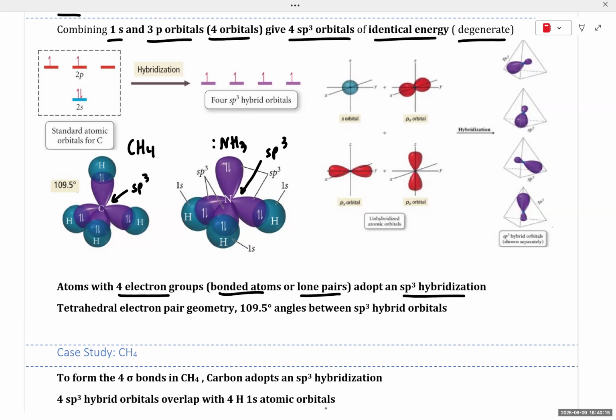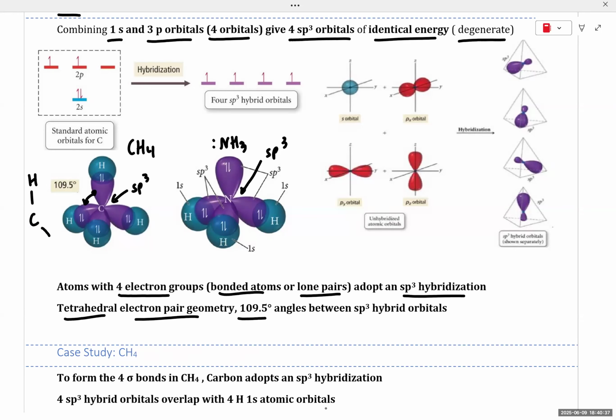The sp3 hybridization is associated with a tetrahedral electron pair geometry and a 109.5-degree bond angle. So if we think about the bond angle in methane, the angle separating the carbon-hydrogen bonds is 109.5 degrees.